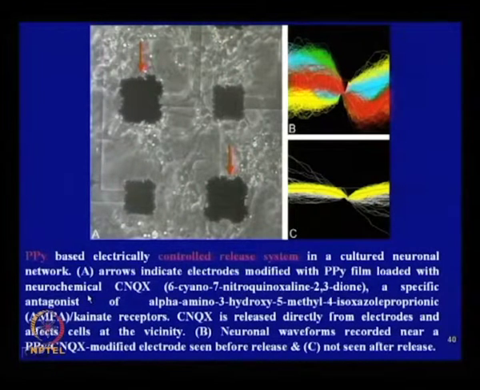is deposited. So, for nerve stimulation, if this device is made, the electrode is there. Now, with the help of electrodes, you can apply some potential, and I am telling in a crude way, through application of some potential, that conducting polymer will release the neurochemical drug.